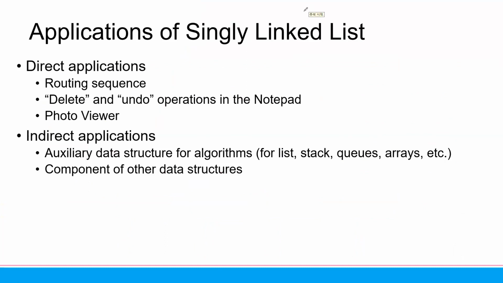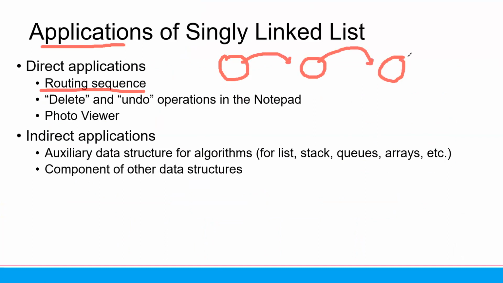Some applications of the singly linked list: we can have a routing sequence. So let's say I'm in Mohyeon and then I want to go to Mohyeon Sagori, and then after that I want to go to Songnam, and then Gangnam. So we can make a kind of linked list.